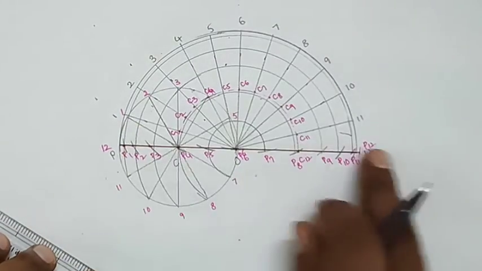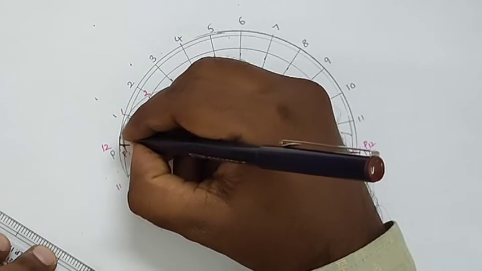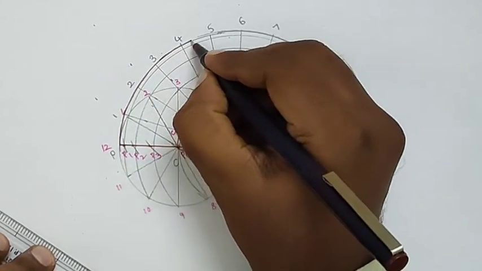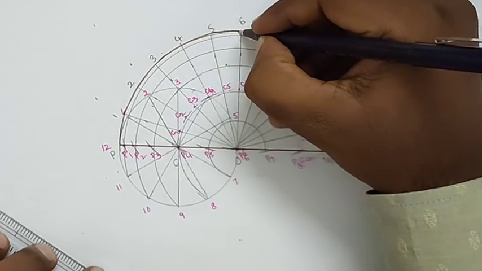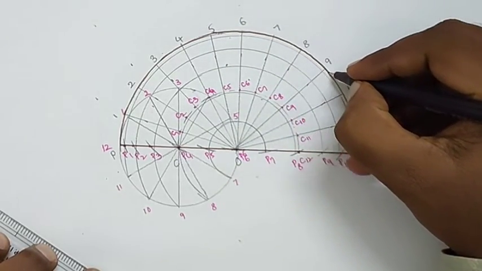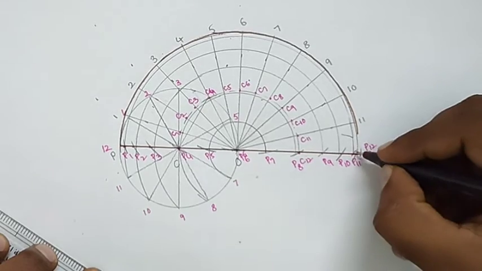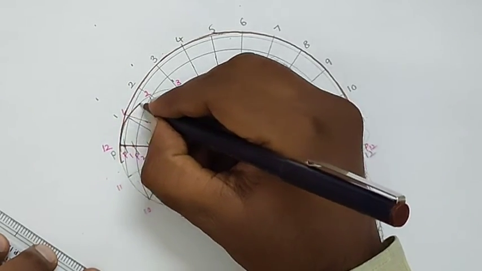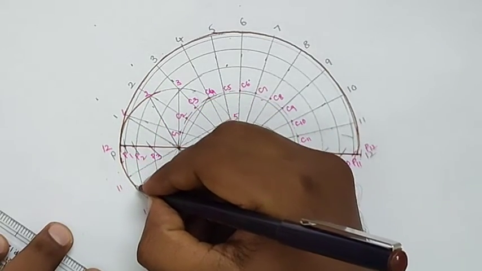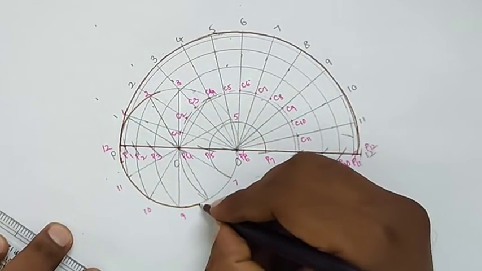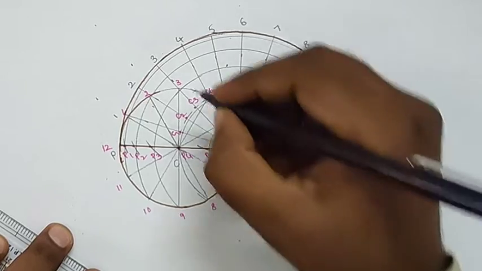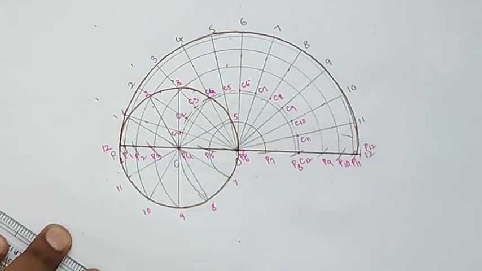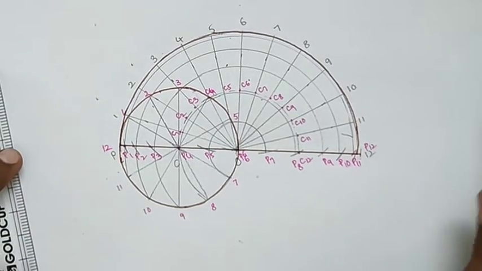So after drawing the hypocycloid, make the directing circle a thick line, and also the rolling circle thick. So like that we will draw the hypocycloid.